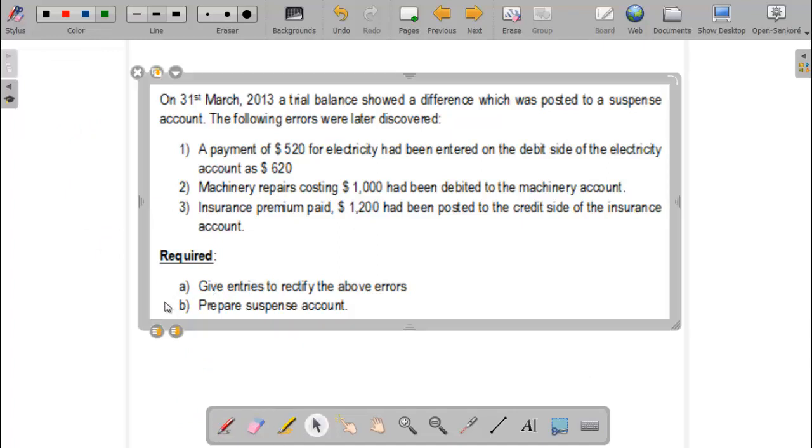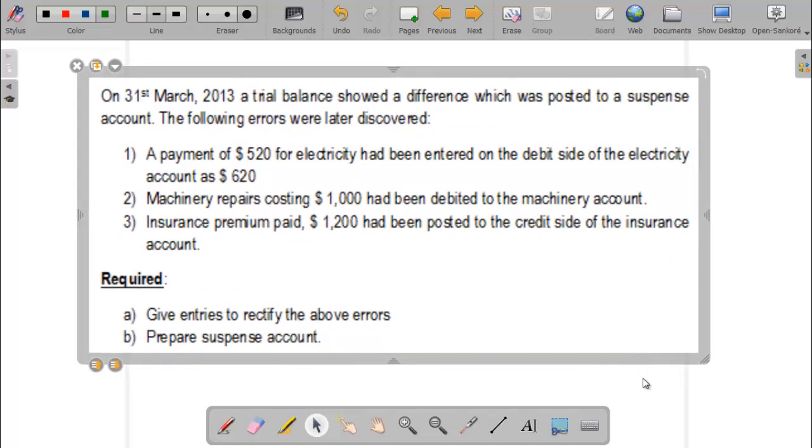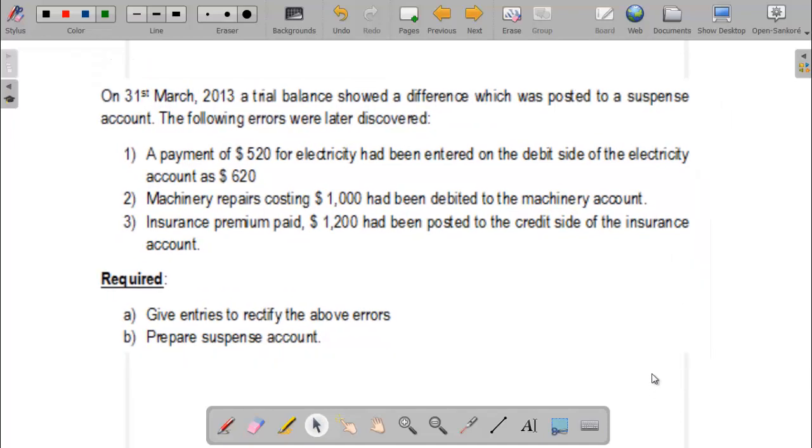Third, insurance premium paid $1,200 had been posted to the credit side of the insurance account. Now required: A. Give entries to rectify the above errors. So we have to pass rectifying entry, and then we have to prepare suspense account also.